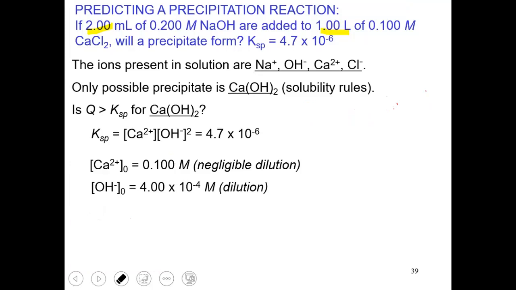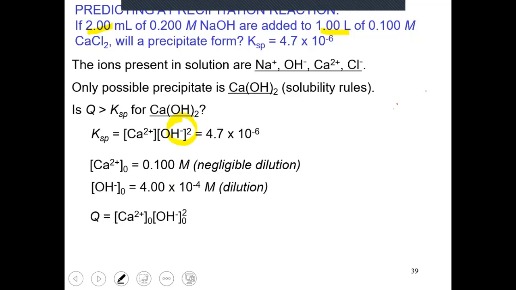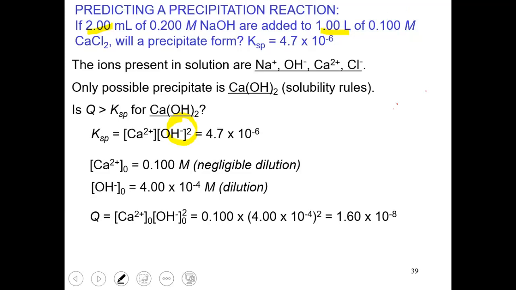All right. So now we're going to calculate the ion product. Careful. Don't forget that we have here a squared value. So 0.1 molar times the square of 4 times 10 to the negative 4. And that gives us 1.6 times 10 to the negative 8.